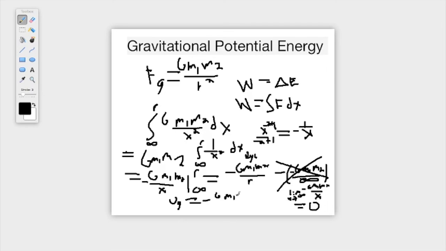So basically, the gravitational potential energy is negative G times m1 times m2 all over r. This looks very similar to what force looks like, so make sure not to get them confused. And also make sure this is always negative.